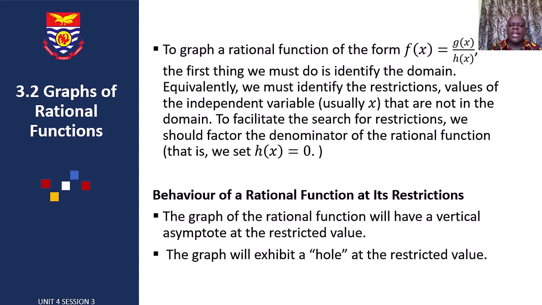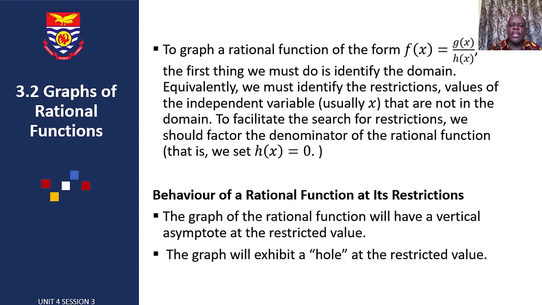So they are normally given by the independent variables, and these independent variables are the ones that you cannot find in the domain. To look for these restrictions, you have to set the denominator to be equal to 0. Then you simplify for the values of x.